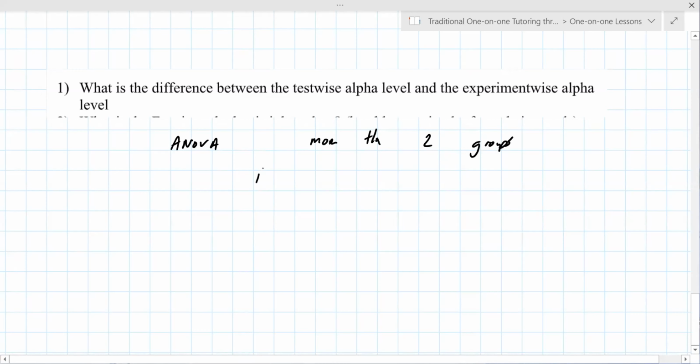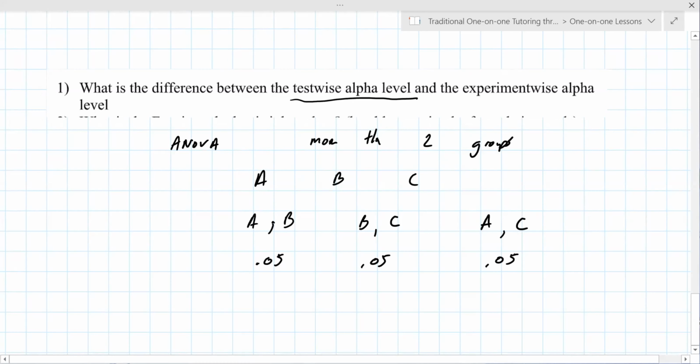Let's just say you're comparing groups A, B, and C. The test-wise alpha level is when you compare A with B, B with C, and then A with C. And when you have all these alpha levels for each of them, you have to add them up.